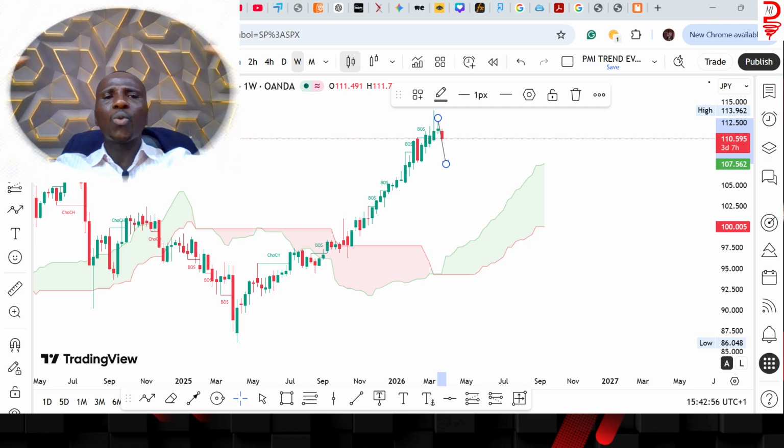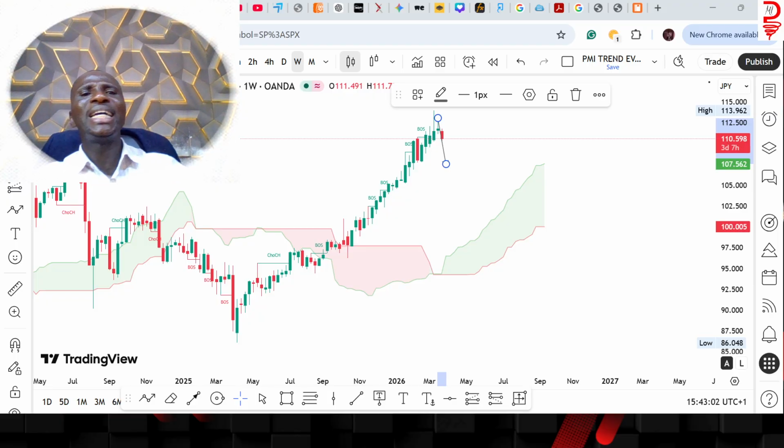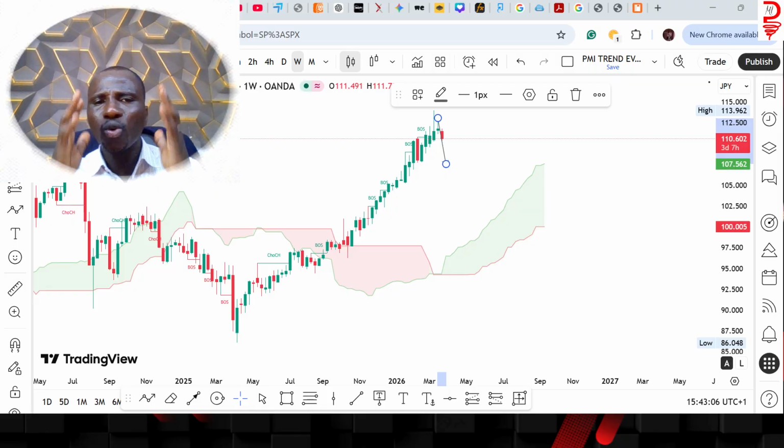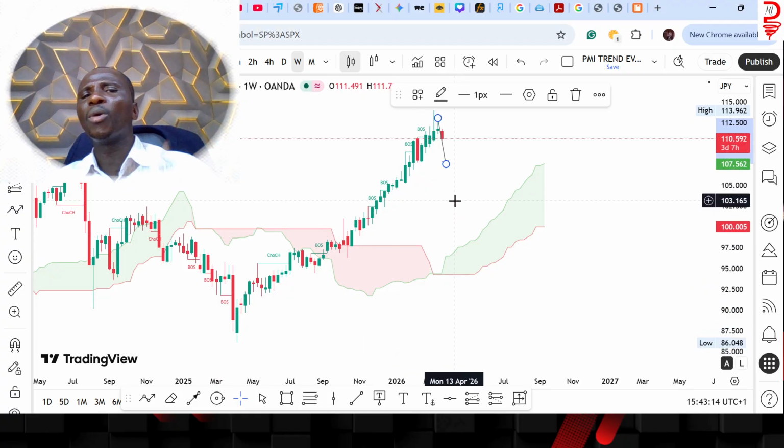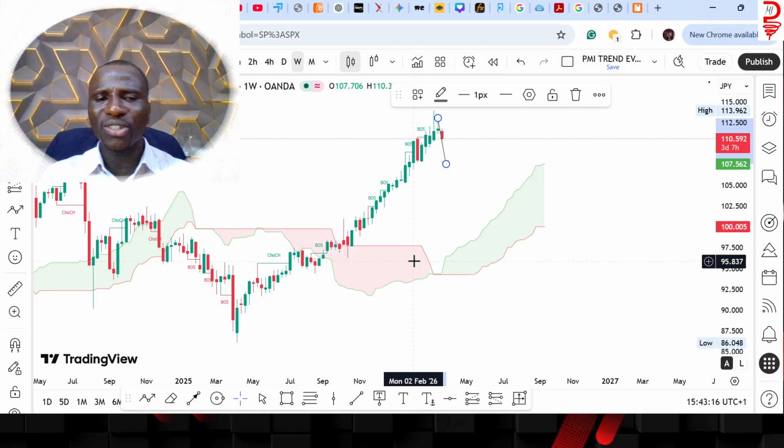You need to overview what is happening from the global standpoint, the geopolitical standpoint, and the fundamental standpoint of different economies. Then you look at the technical overview to trade behind the market makers. For you to trade behind the market maker, you must observe the directional bias.